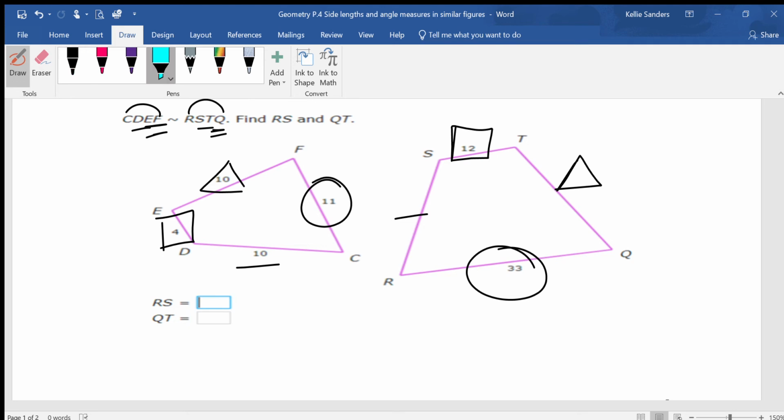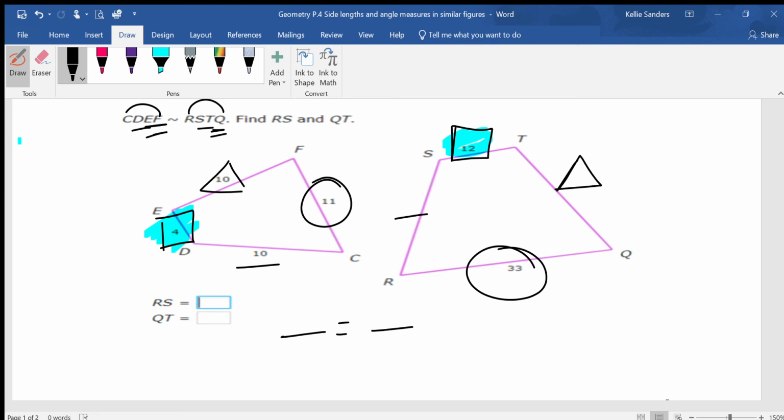So what I did was tell myself that I have two groups of pairs that I know, and then two sides that I don't know. Whenever we know things, I would tend to use the smaller numbers. So I'm going to use 4 and 12.